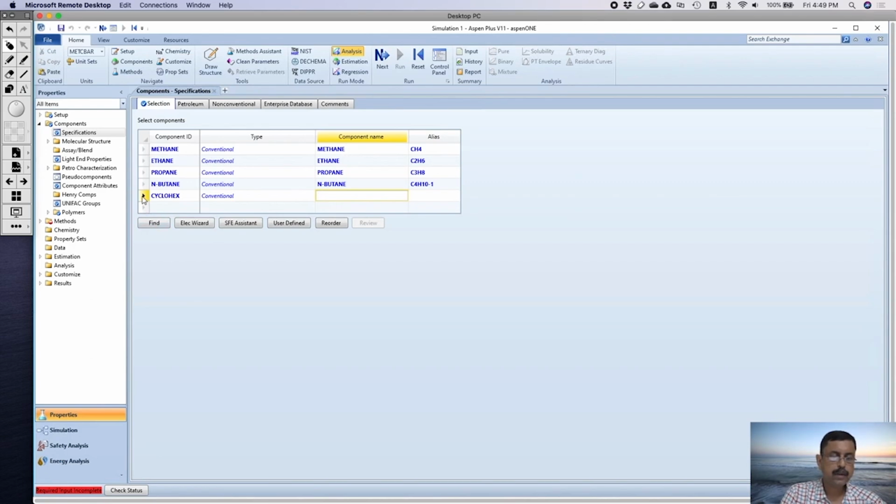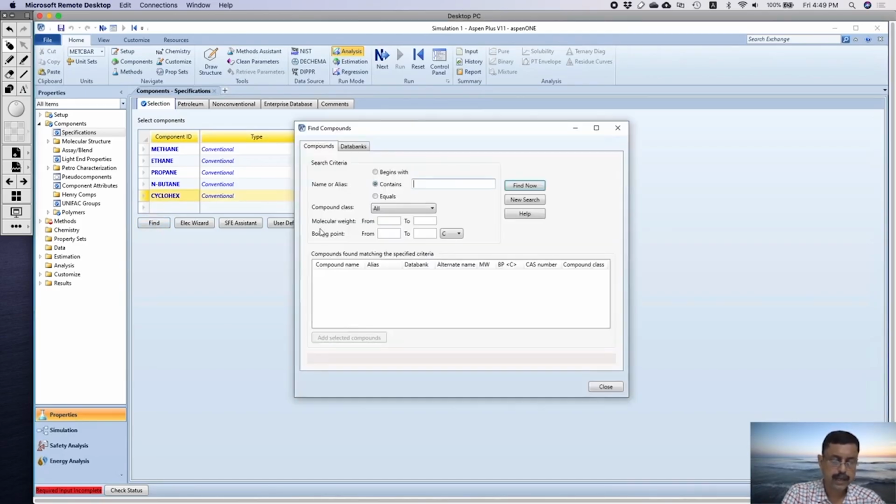So what we can do is we can say find. So here we'll write cyclohexane as full, and we'll say find now. So it will search.